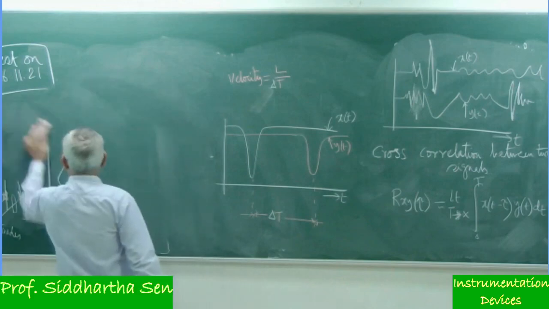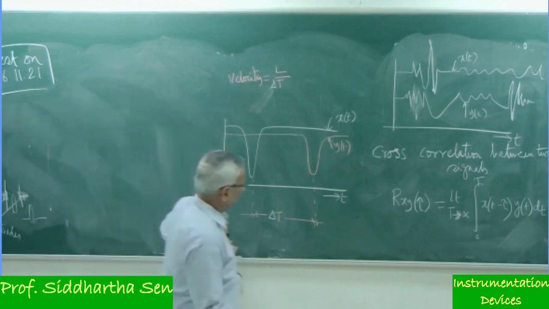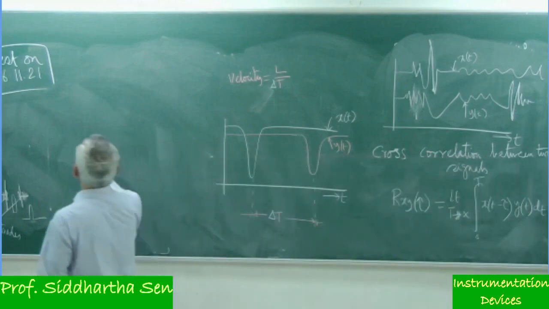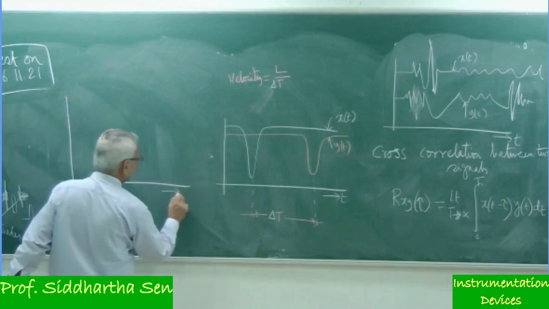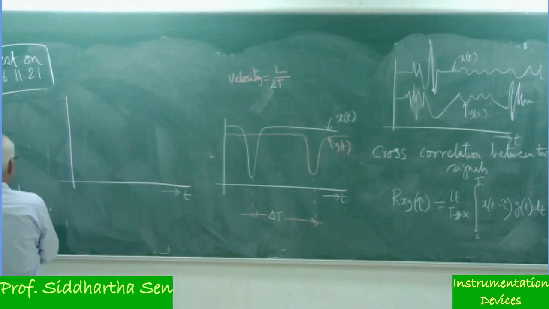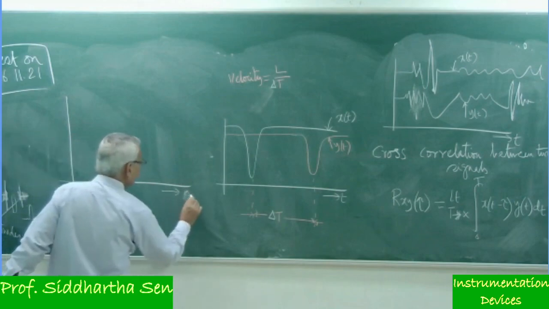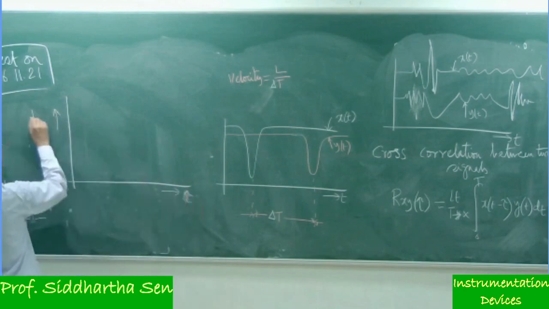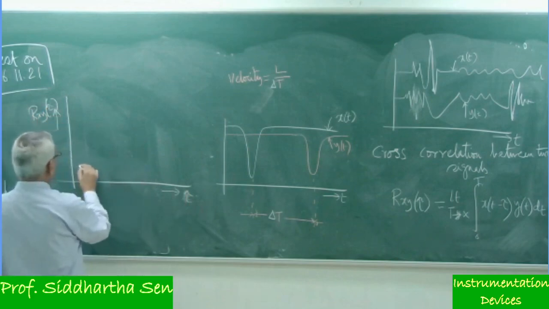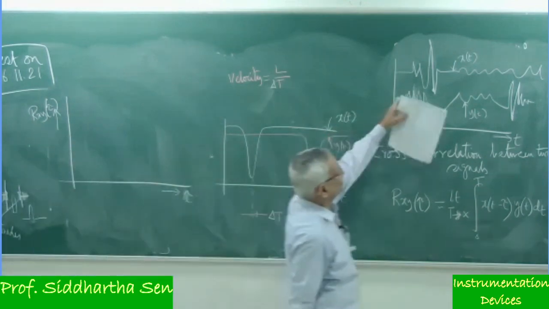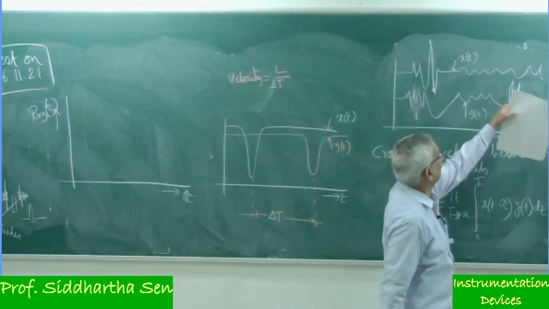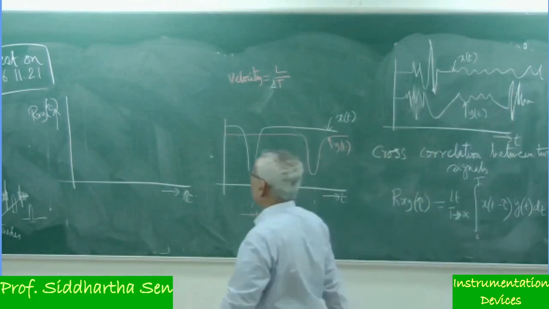If we plot R_xy of tau versus tau, as I have seen, I am shifting it, and once we come to this point, the multiplication will have a high value.